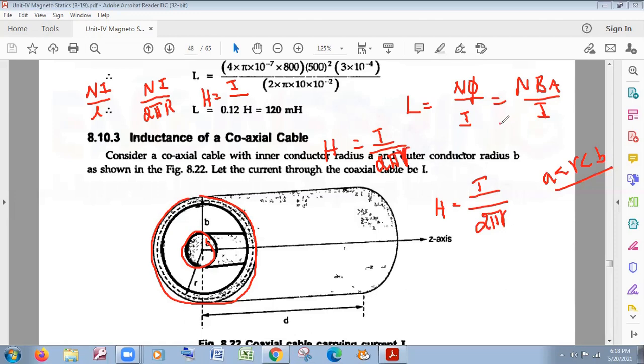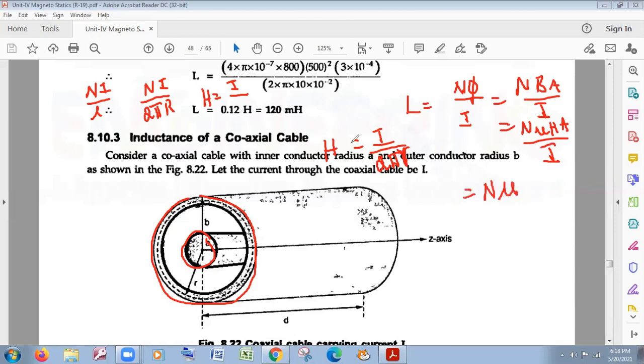And B is equal to mu H. What is the H we got? H is I by 2 pi r, and the total current I in the denominator gets cancelled. So we get mu a by 2 pi r.